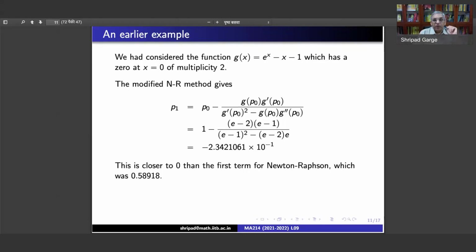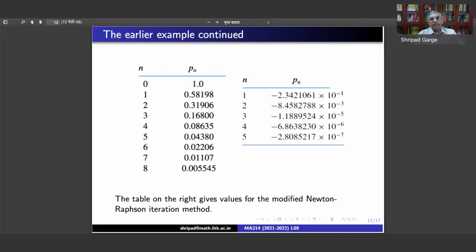In fact, we have the whole table. The left-hand side table, which gives you the 8 terms, was the Newton-Raphson method, and we saw that it was not converging to the point 0 as well as we would have liked. Whereas this modified Newton-Raphson method does converge to 0 considerably faster, and that's why it is better.